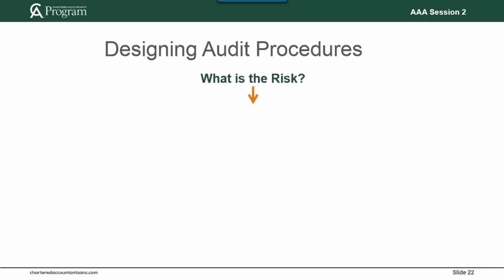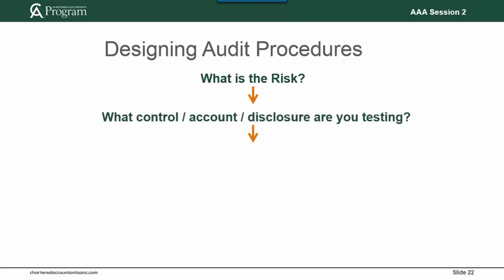Remember, we start with what is the risk? Then we drill down into the specifics of what we're trying to test. If it's a test of control, the specific control we're testing. If it's a substantive audit procedure, the account that we're testing. We also need to consider the attributes of the control or the assertions at risk.